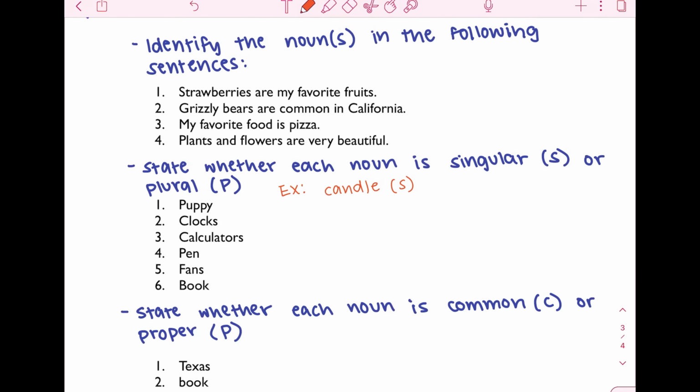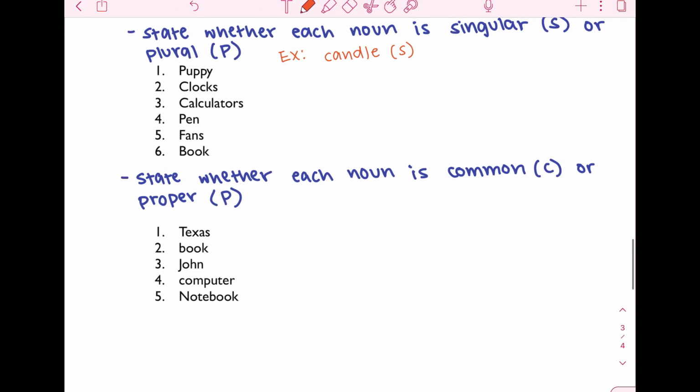Okay. And then state whether each noun is common or proper. So let's do another example again. I'm going to choose watch. And remember, we're not pointing to any watch in particular. So this is going to be a common noun. But let's say I said a Rolex.